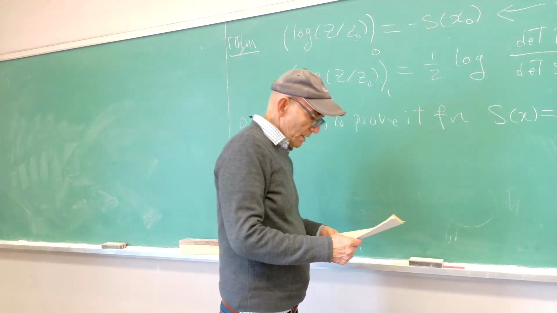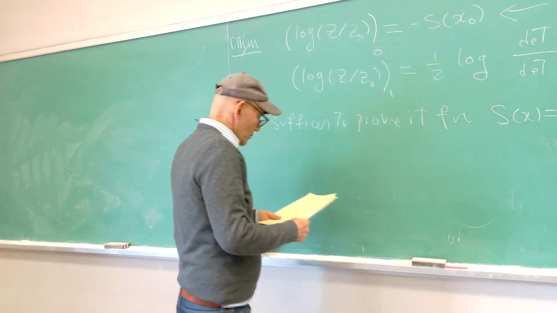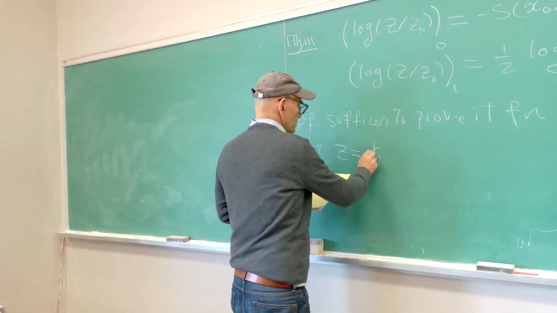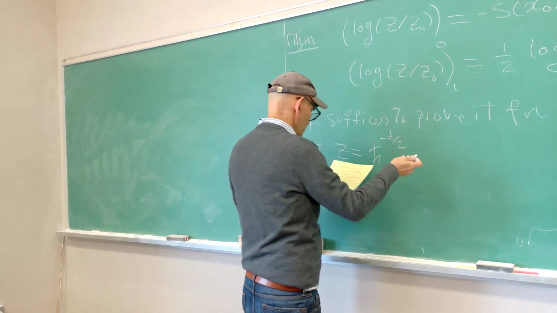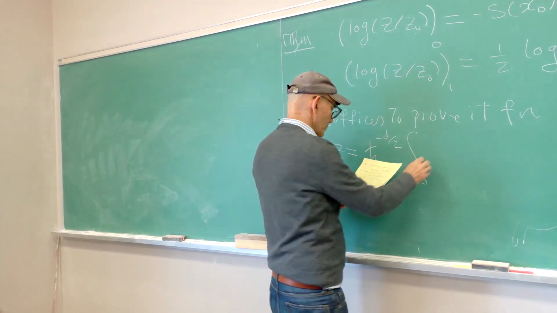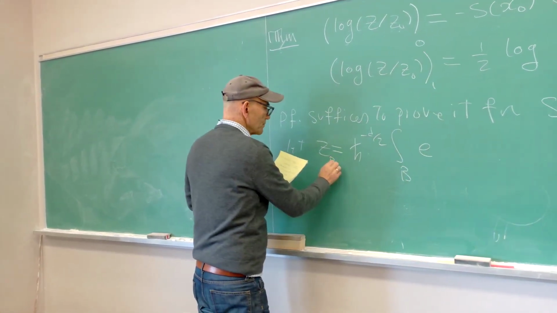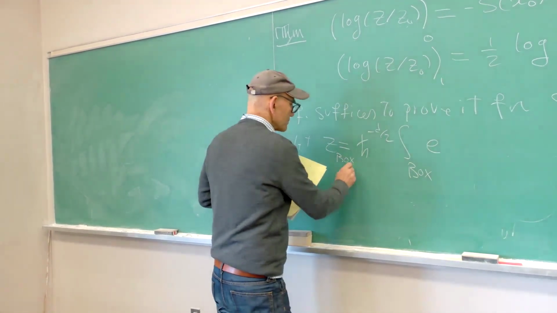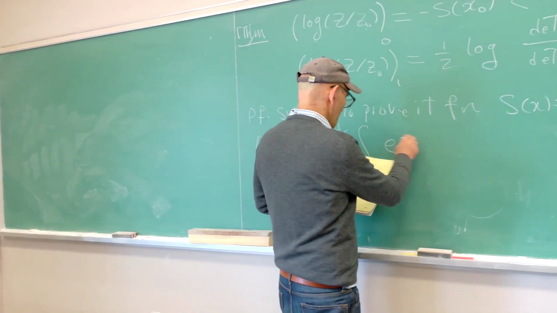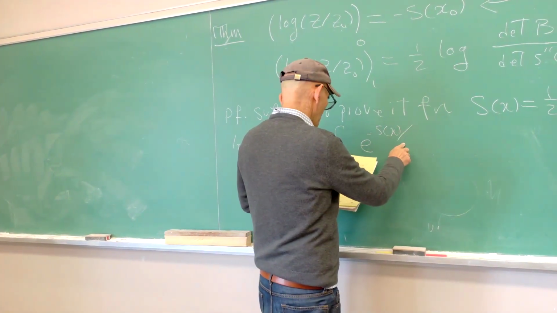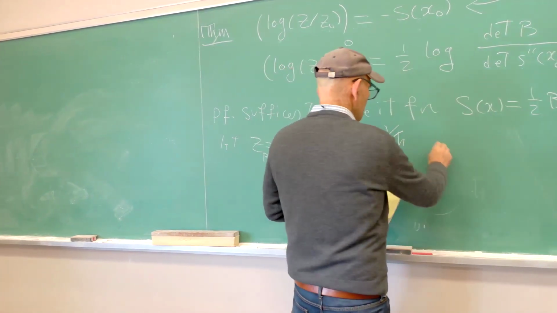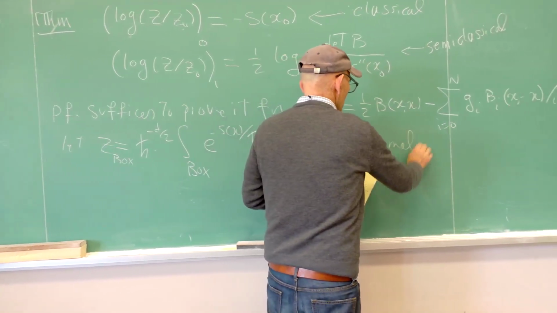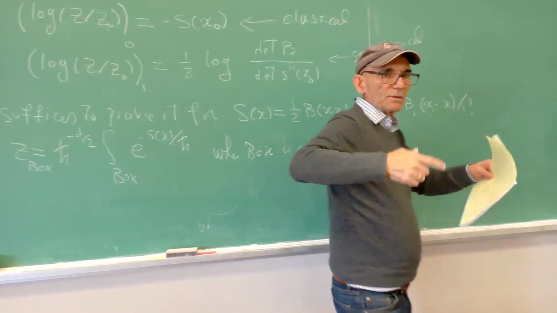Okay. So now let Z, as before, be the quantity we are looking at, the integral over the box of exponential of minus S of x over h bar, where the box is a small box containing the origin.